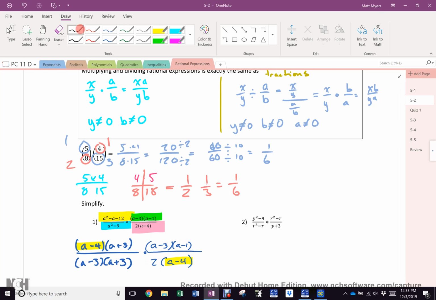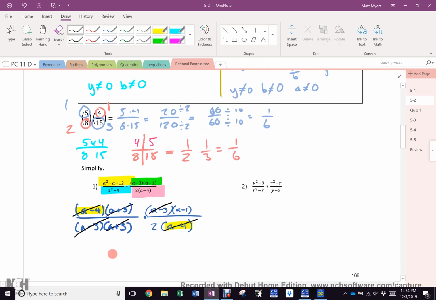Cancel it out. Gone, gone. If you know A, is that a single number? Do you see it on the bottom anywhere? Right there. Gone, gone. If you know A, is that a single number? Do you see it on the bottom somewhere? Gone, gone. What's left? A minus 1 over 2. That is the final answer.